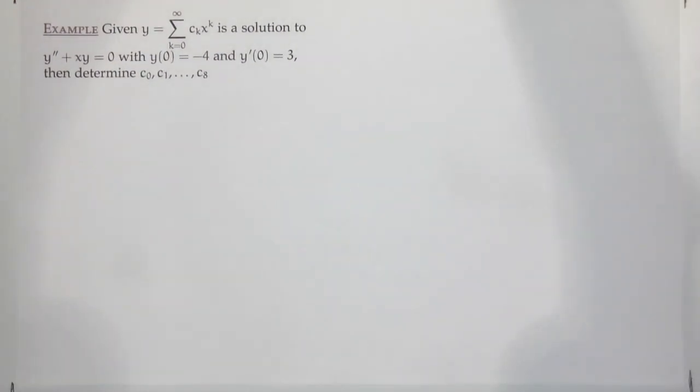Given that y is equal to the sum 0 to infinity of ck x to the k is a solution to y double prime plus xy equals 0, where y of 0 equals -4 and y prime of 0 equals 3, then determine a bunch of coefficients. There's nothing special about stopping at 8, but we want to stop at some point. So we'll go up to 8. Okay.